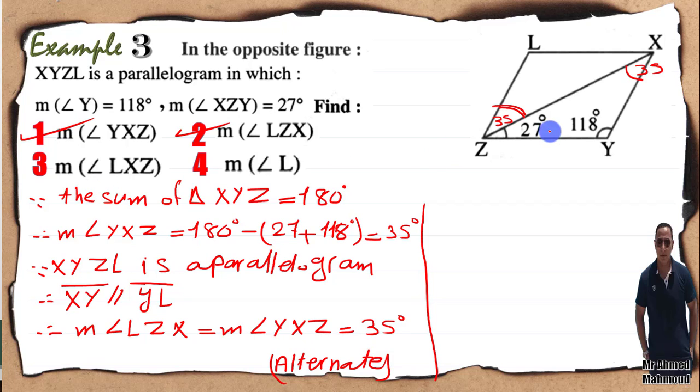Required number 3, find the measure of angle LXZ. LXZ, this angle equals 27 degrees, comes from here because I have Z shape as you see. I'm going to highlight. This is Z shape.